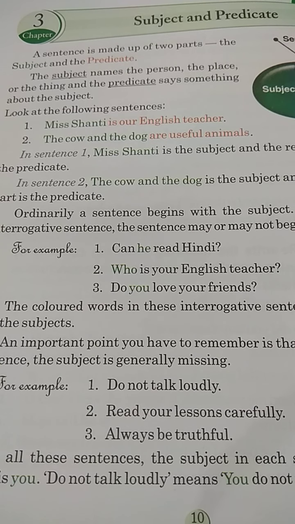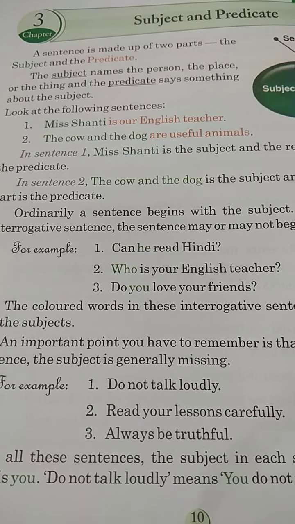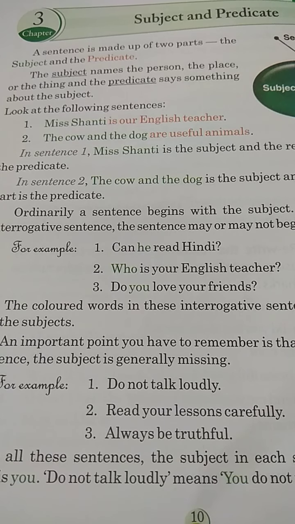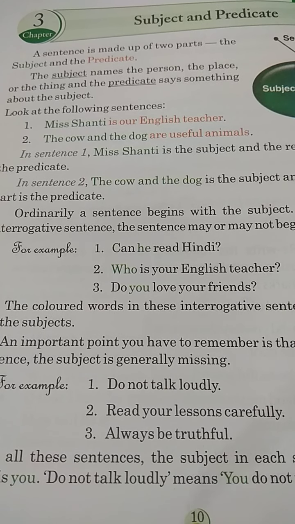So the subject includes names of persons, places, or things, and the predicate says something about the subject. Look at the following sentences.